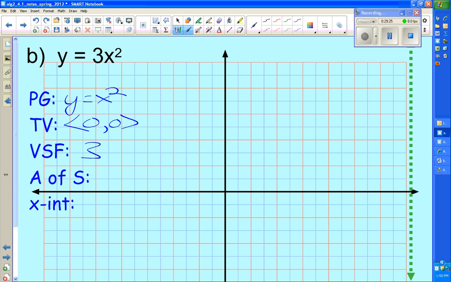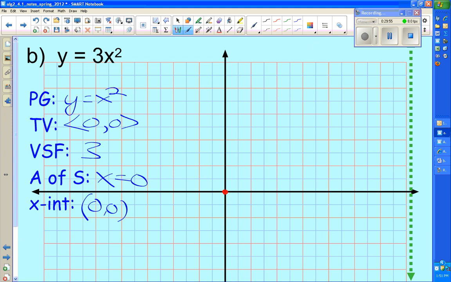And the axis of symmetry has to have an equation of x equals 0. And we know that the x-intercept, hopefully you know, is going to be 0, 0 as an ordered pair. And you might not know that right now, and that doesn't bother me at all. This is an inconsequential fact at the moment. But when we do our graph, we plot points, we start at the origin.